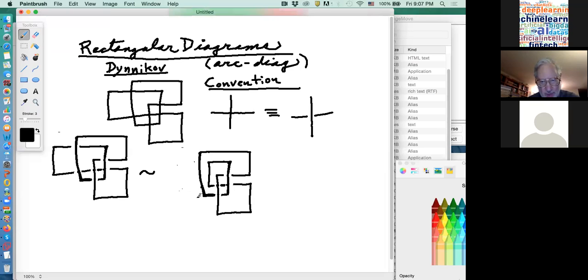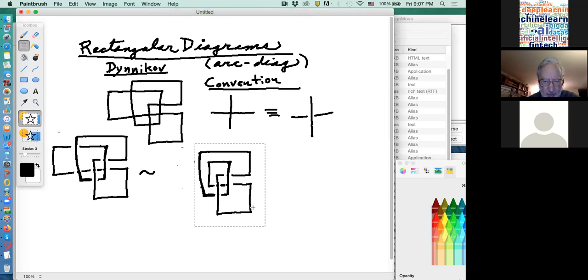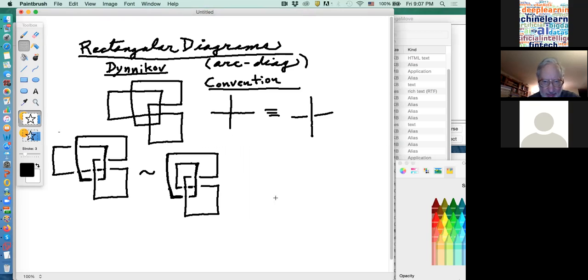Let's see, what else can we do? You can see that if I were to go out of the category of these rectangular diagrams and just look at it as a knot diagram, then your intuition will tell you what to do about it. Let's look at that for a moment.